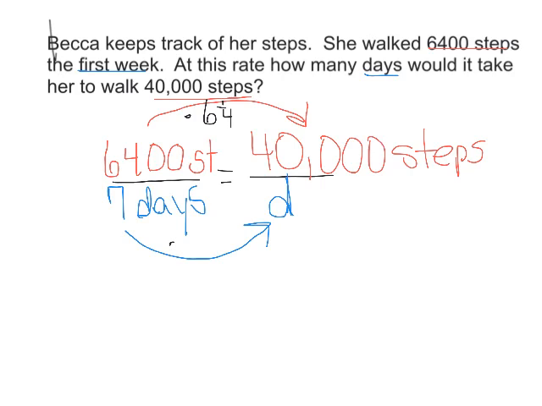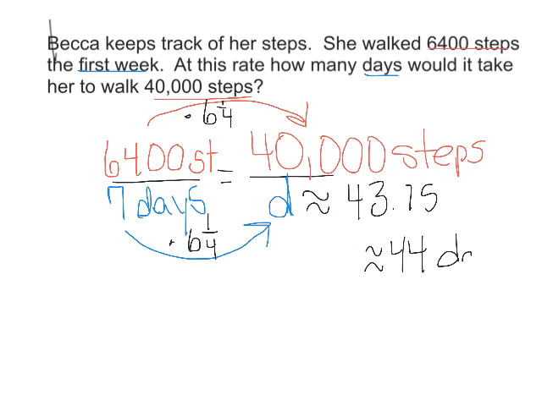So I multiply 7 days times 6 1/4, and I get 43.75 days. So that's about 44 days. Since we're talking about days, it would make sense to round up. So finally, I'm just going to circle my answer, about 44 days.